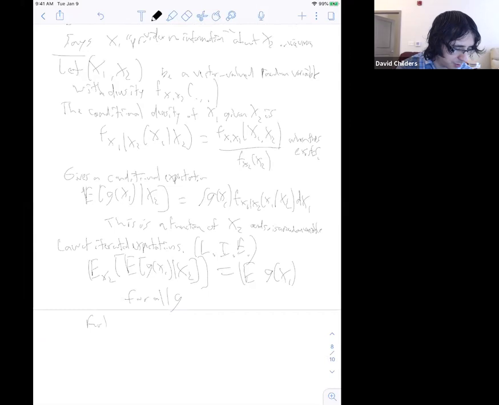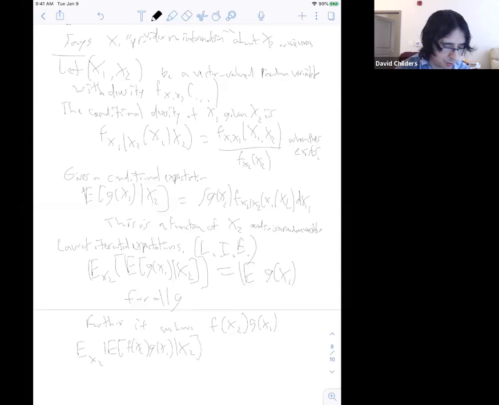So further, if we have f of x2 times g of x1, then the expectation with respect to x2 of the conditional expectation of f of x2 times g of x1 given x2 is equal to the expectation with respect to x2 of f of x2 times the expectation of g of x1 given x2.